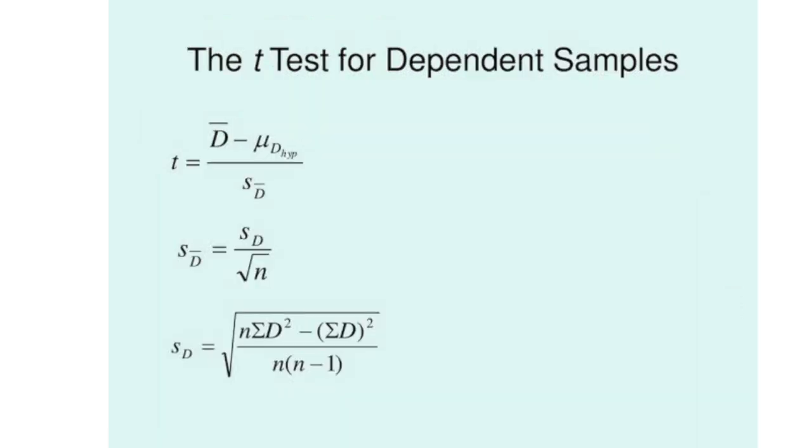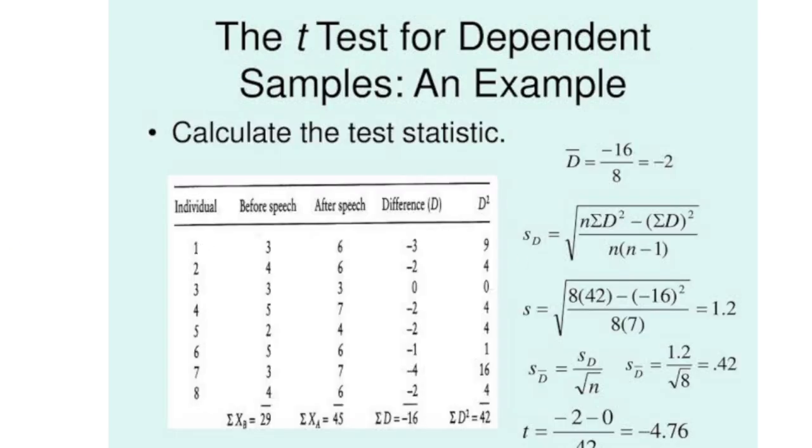After that, we have to substitute it here. So I get -2 minus the assumed mean, maybe from the hypothesized value, from the standard values, divided by the standard deviation over the square root of the sample size. So from this example, we are calculating t, which is the test statistic.